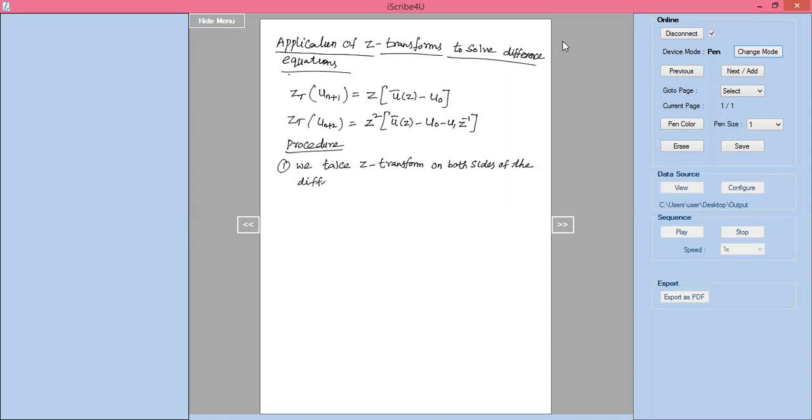Second, we use the above expression in the place of u(n+1), u(n+2). Third, we obtain u bar of z, which equals the Z transform of un as a function of z.